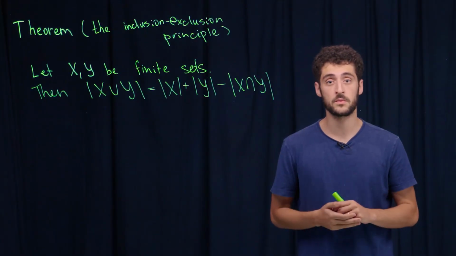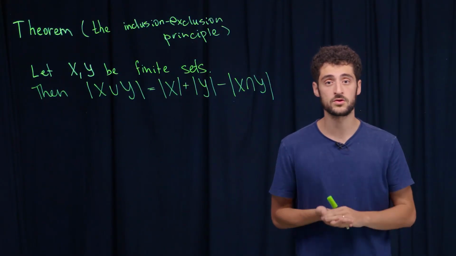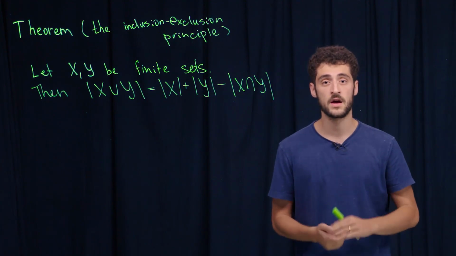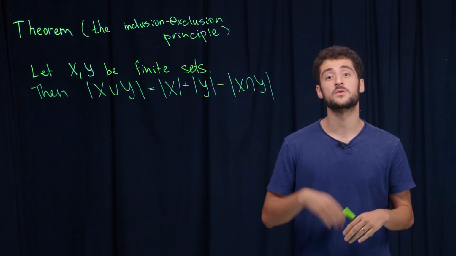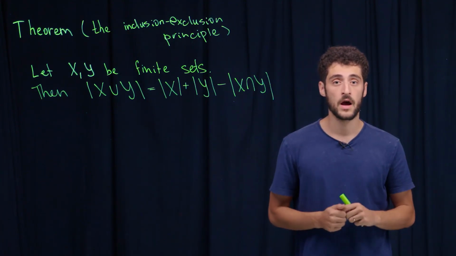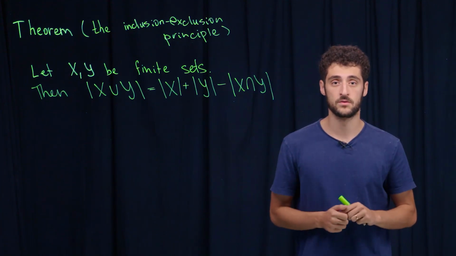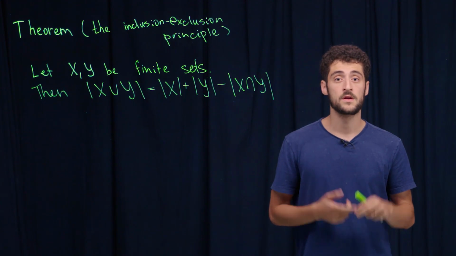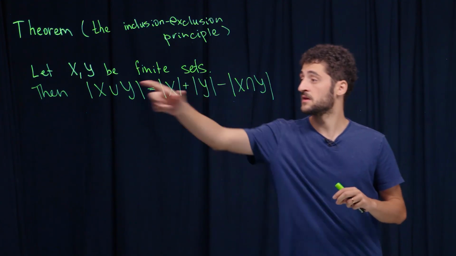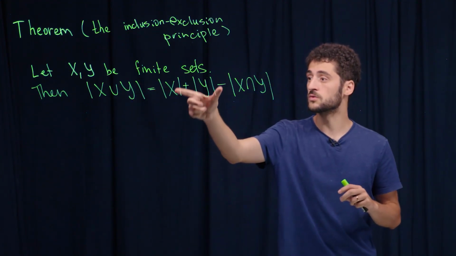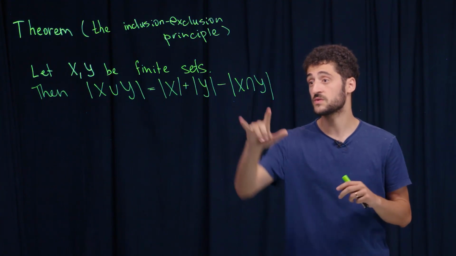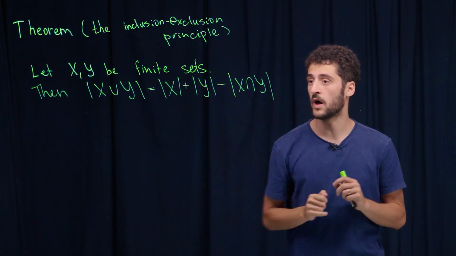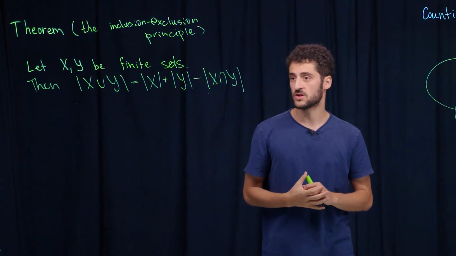The last principle we are going to discuss is called the inclusion-exclusion principle. It generalizes the addition principle. Let's imagine that you have two sets, X and Y, and you want to compute the size of the union, but you don't know if they're intersecting or not. The inclusion-exclusion principle says that the size of the union is equal to the sum of the sizes, like in the previous case, but now you need to subtract once the size of their intersection.